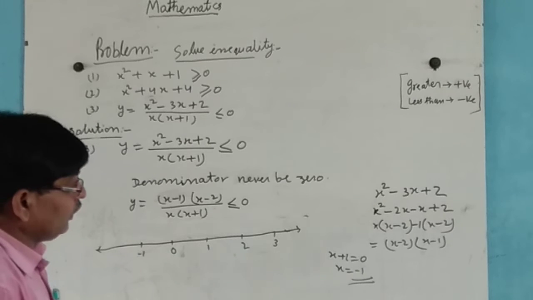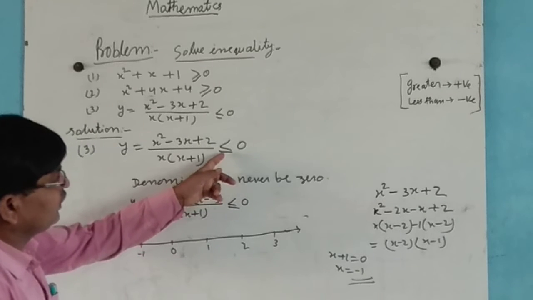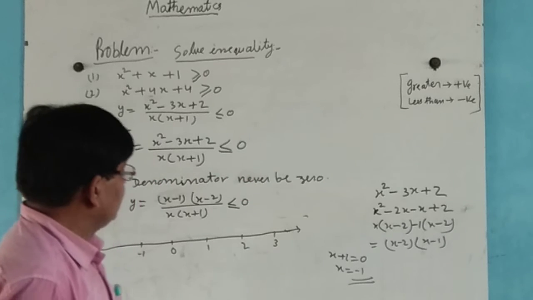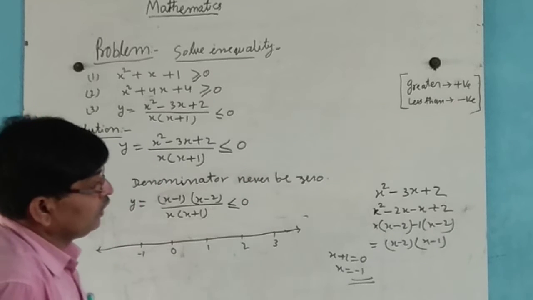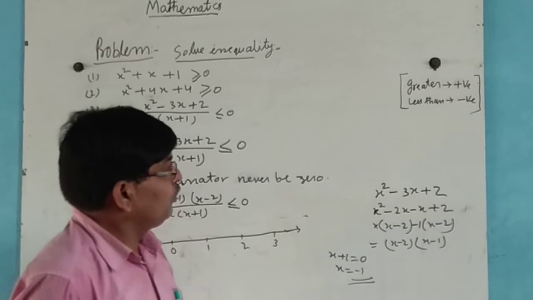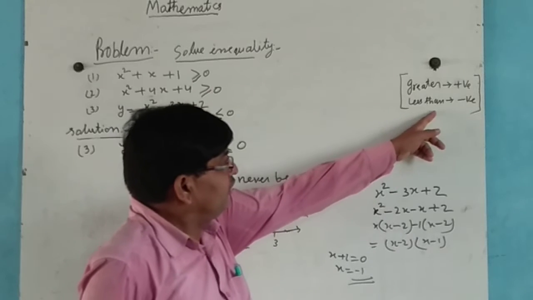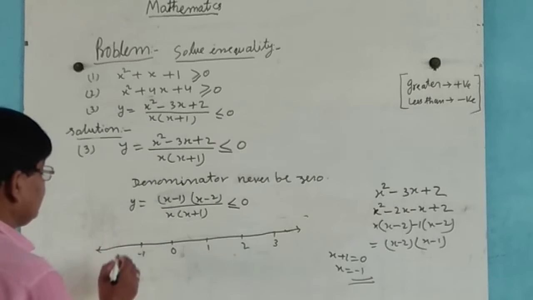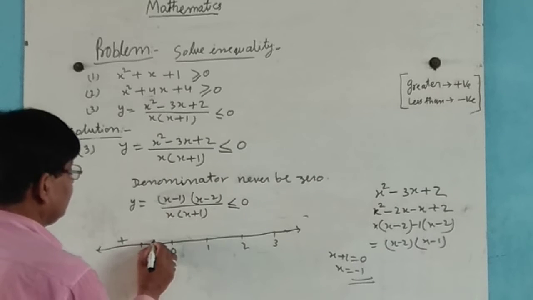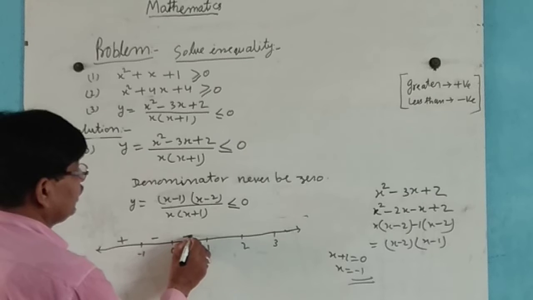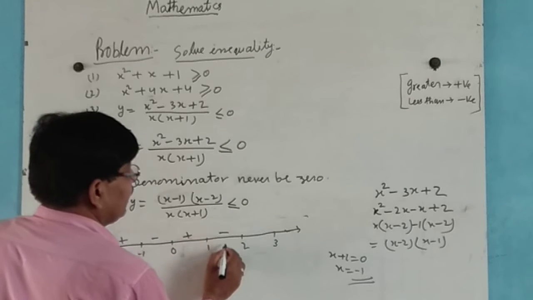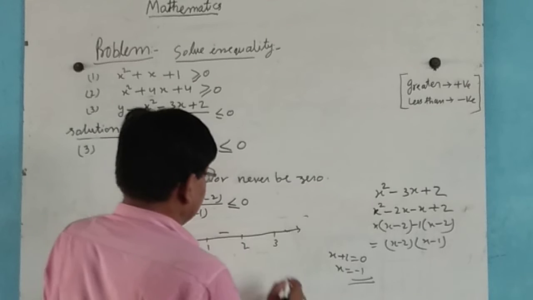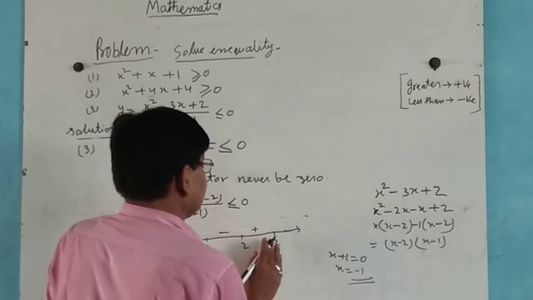Now we take less than 0. In this case we take the negative portions. Now this is plus, this is minus, this is plus, this is minus, and this is plus.